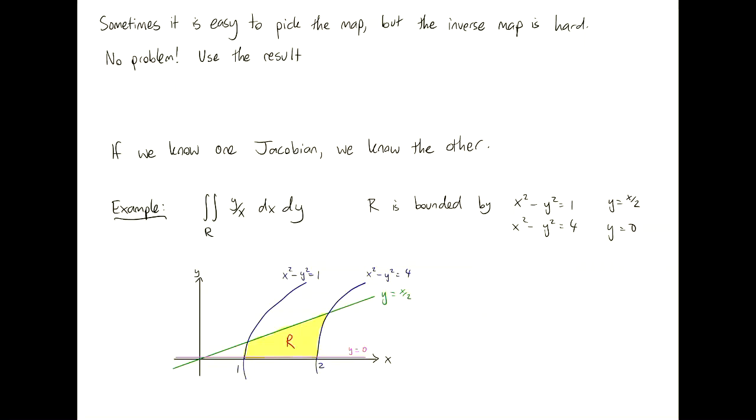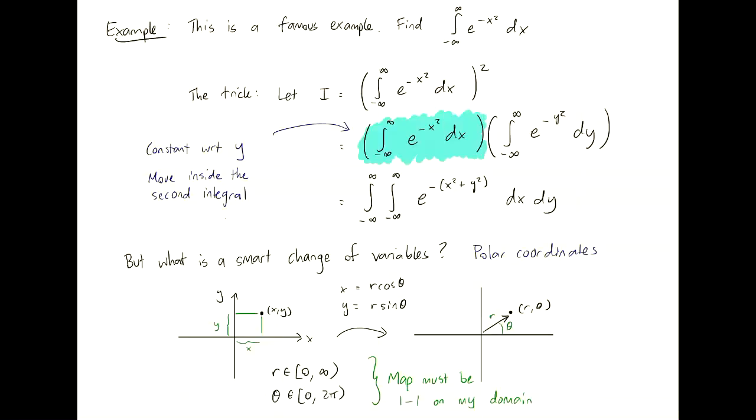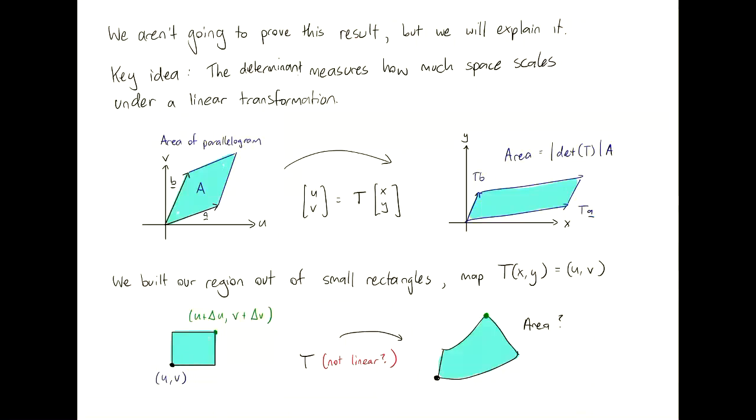However, there is one result about Jacobians that we can use, and this comes from linear algebra. If I map this way, the area is going to be 1 over the area, right? So the determinant of the inverse, the determinant of T inverse, must have absolute value 1 over the scaling factor.